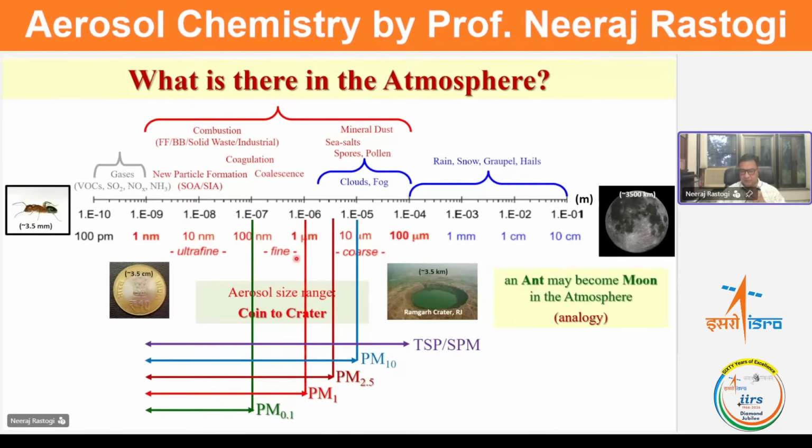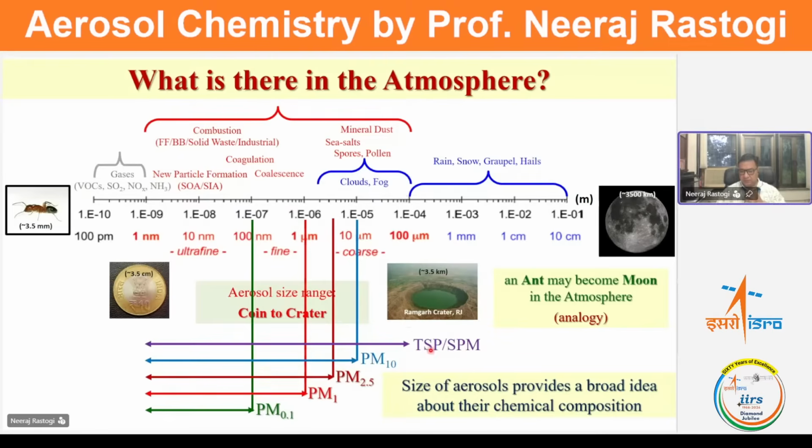If it is less than 1 micron, you call it PM1, and PM0.1 is less than 100 nanometer or 0.1 micron in size. Remember, PM2.5, PM1, and PM0.1 are subsets of PM10. In the same way, PM1 and PM0.1 are subsets of PM2.5, and PM0.1 is a subset of PM1. And TSP is everything together.